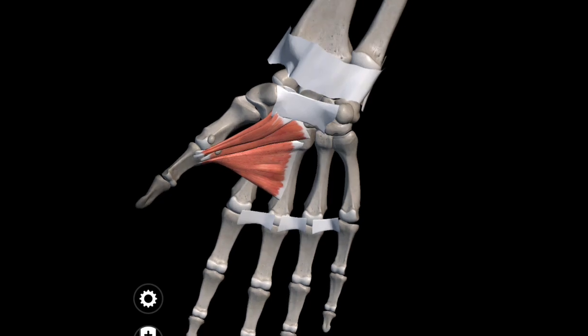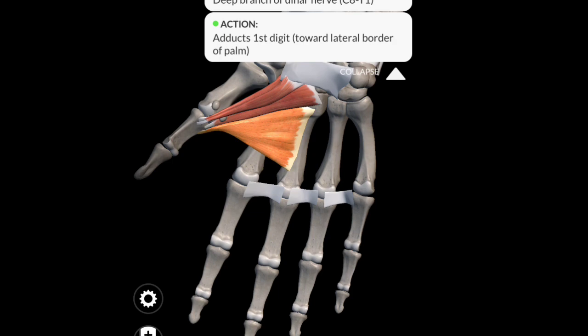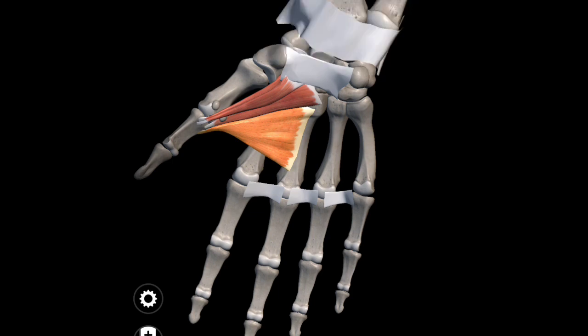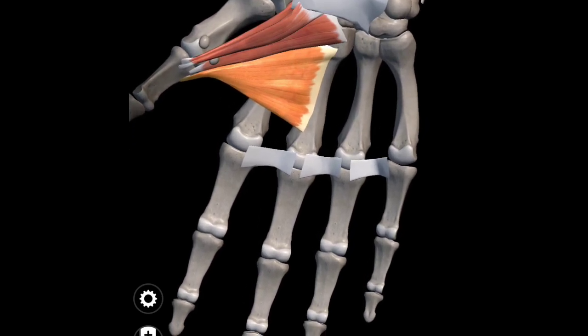Now remove this. Now you can see here is the adductor pollicis. This is also supplied by the branch of the ulnar nerve. Actually, adductor pollicis transverse head is supplied by the ulnar nerve.